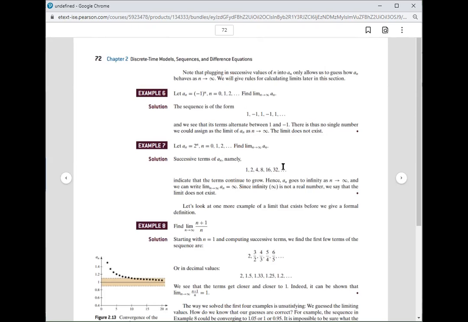Okay. For this case, you cannot assign any limit because the number is alternating between negative and positive. For this one, you start with n equal to 1, and it gives you a series of this, right? So this is not close to 1, so that's why the limit is equal to 2.